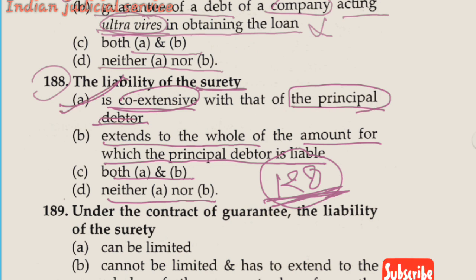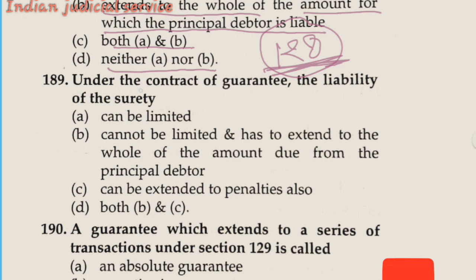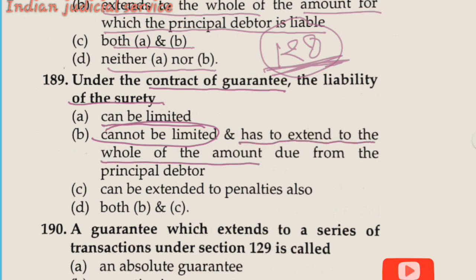Now question number 189. Under the contract of guarantee, the liability of surety, option A here can be limited, option B here cannot be limited and has to extend to the whole of the amount due from the principal debtor.